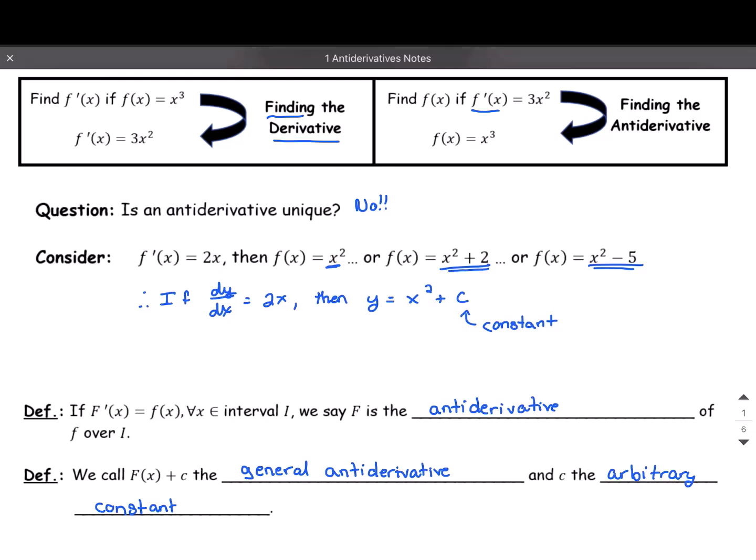So each function has an infinite number of antiderivatives. So that's why that plus c, that's the general antiderivative.